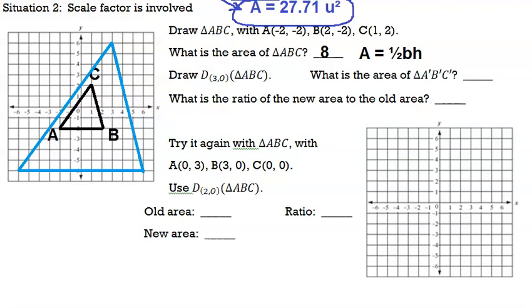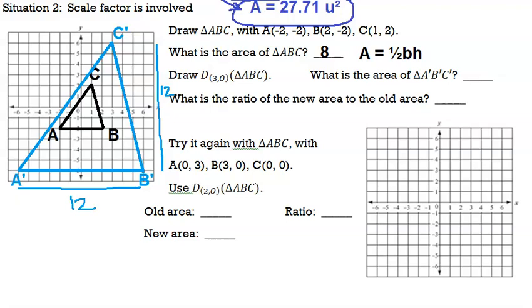We are taking every single ordered pair and we are multiplying every value by 3. Now what you're going to find, the base isn't 4 anymore, it is now 12. The base is 3 times longer, which makes sense because everything should be 3 times bigger. Okay. The height is now 12.